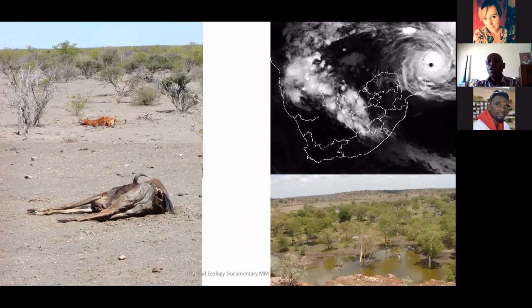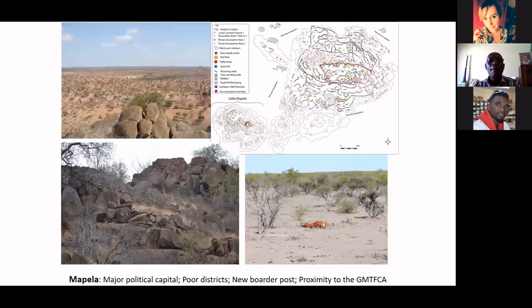A region which is affected by frequent droughts, a region which is also susceptible to flooding and many other problems. But it has such a rich wealth of archaeological resources.